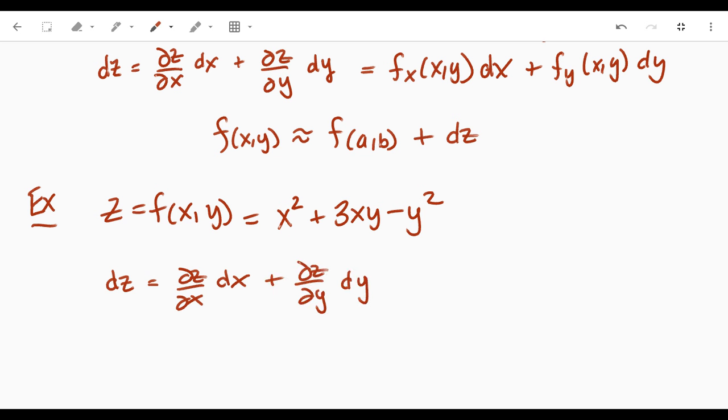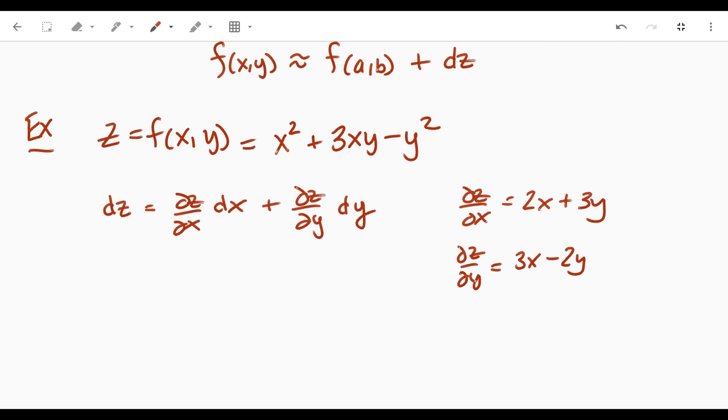Okay, and then we can use that to make some approximations. So first of all, partial z over partial x is 2x plus 3y. Partial z partial y is 3x minus 2y. So our differential is (2x plus 3y) dx plus (3x minus 2y) dy.